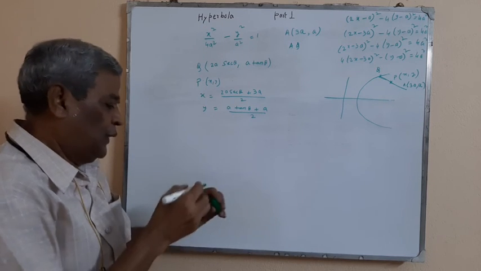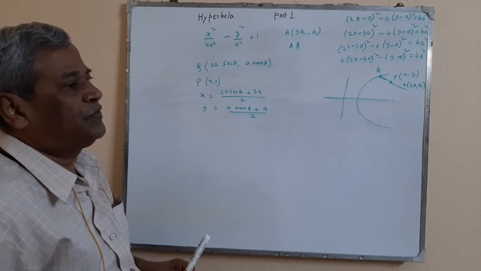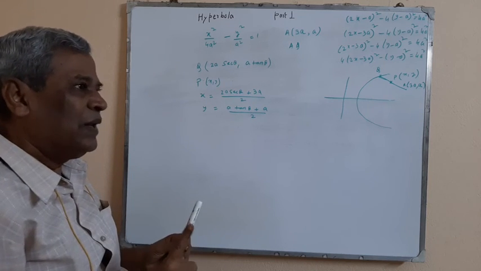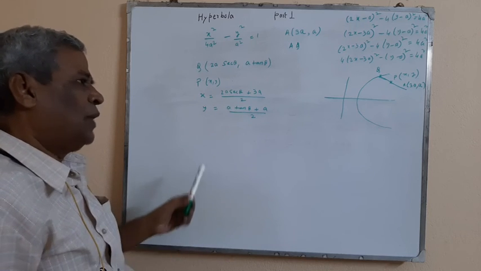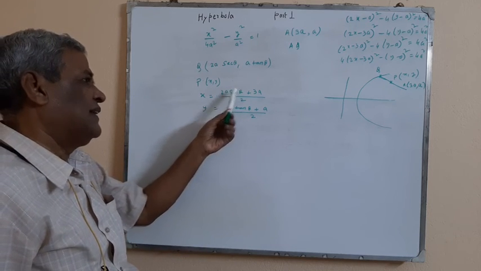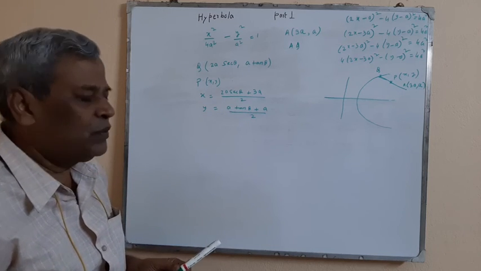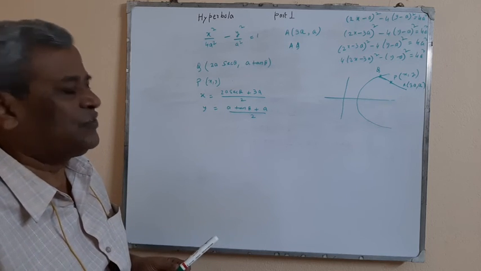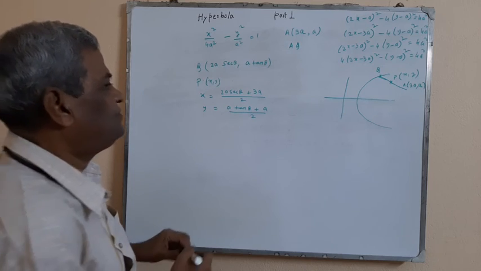Now, to get the equation of locus of midpoint of QA, we have to eliminate the parameter theta from this and that. From this, we can obtain sec theta. From that, we can obtain tan theta. And now, sec square minus tan square is equal to 1. From this relation, we can obtain the equation of locus.